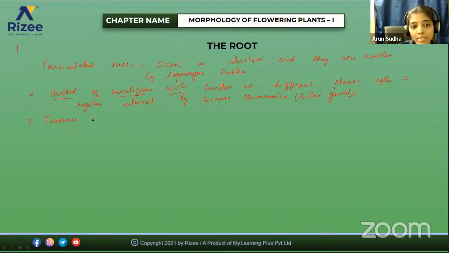Here it is tuberous adventitious roots. First, we saw about the tuberous taproot. So here it is adventitious root. Here also the food is stored in these roots and they become swollen and irregular. There also we saw that in the case of tuberous taproot, the shape will be irregular. So here also it becomes swollen and irregular in shape.